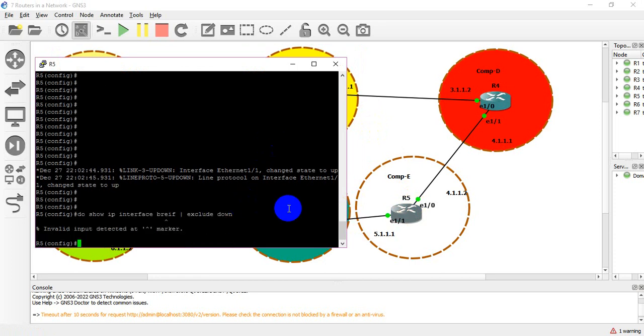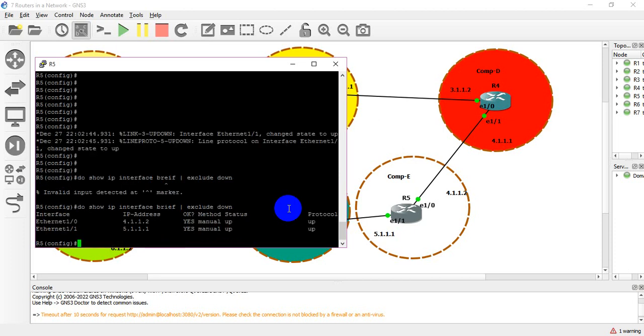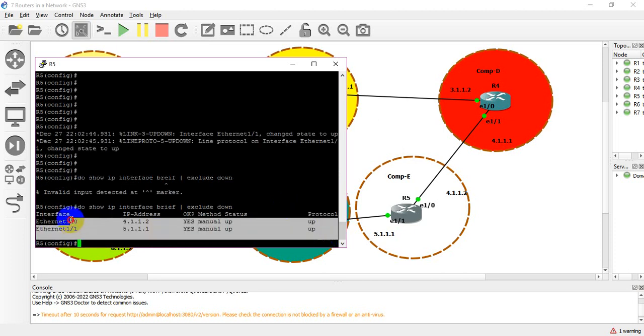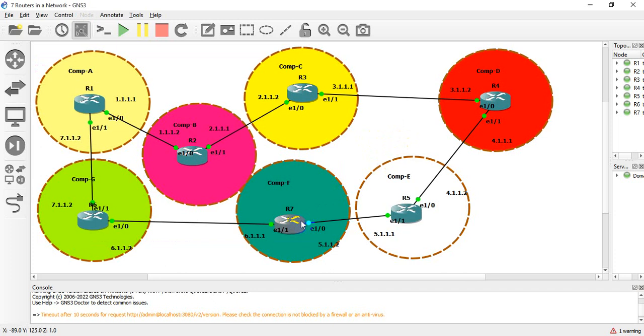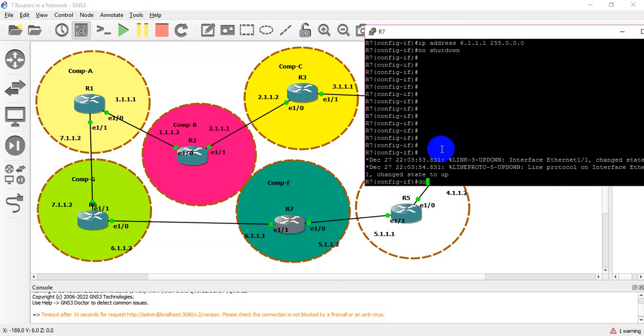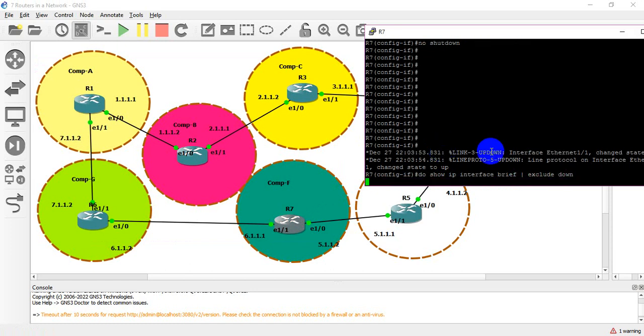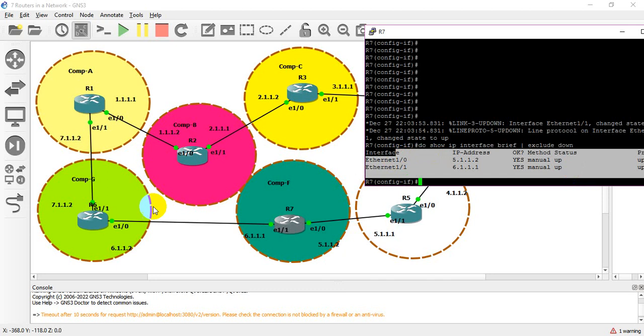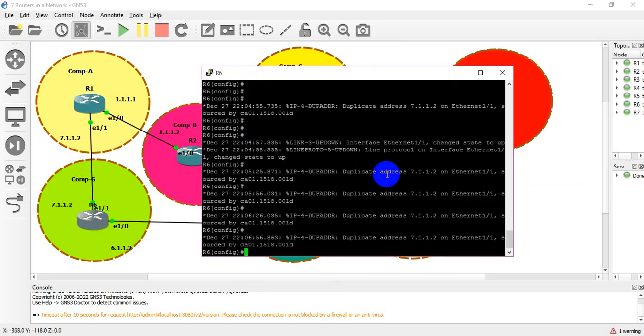Yes, but the spelling is not correct. It's also okay now. Let's check the company F router as well. This is also okay. And let's check the last router.